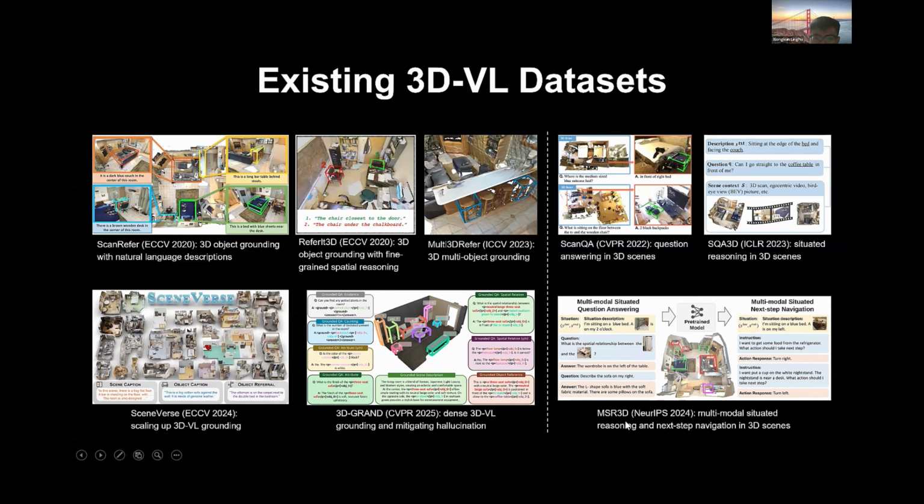So we propose MSR3D in NeurIPS 2024 to scale up this kind of training data, and propose a new benchmark called Next Step Navigation to evaluate the model's capability of predicting the next step action.